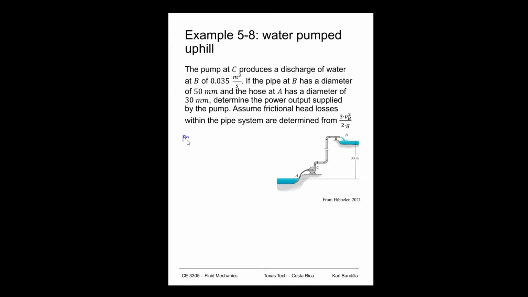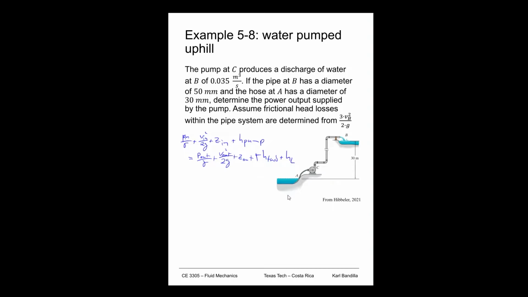We'd have P in divided by gamma plus V in squared over 2g plus Z in plus H pump, and all that is equal to the other end, which is P out over gamma plus V out squared over 2g plus Z out plus H turbine plus the head losses. Right, that's what we get.